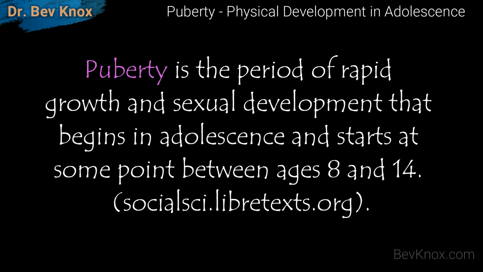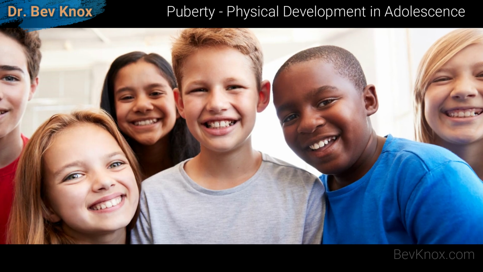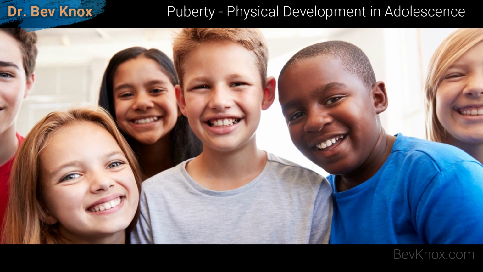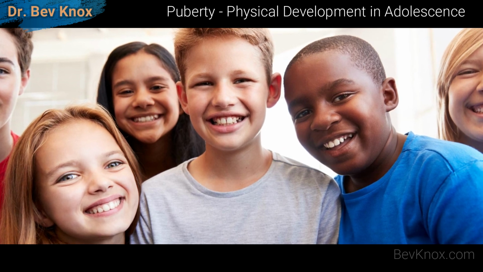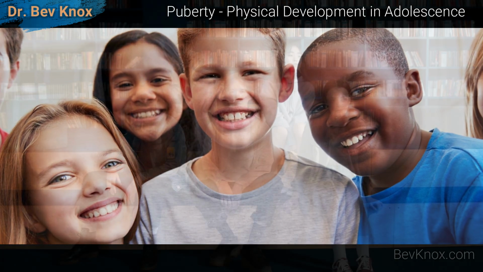Now, puberty is the period of rapid growth and sexual development that begins in adolescence and starts at some point between ages 8 and 14. While the sequence of physical changes in puberty is predictable, the onset and pace of puberty vary widely.